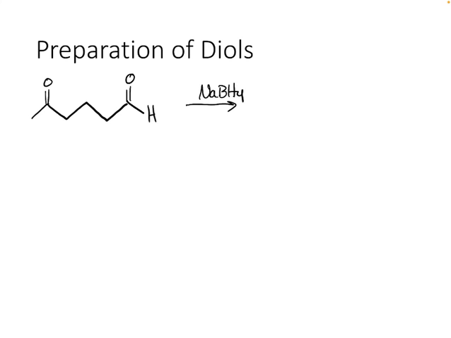And in this case, we're going to use excess sodium borohydride to make sure that both carbonyl carbons are reduced. And then we also use an alcohol to protonate the oxygens at the end. So what would the product look like? And feel free to pause the video and try to draw the product. And then when you unpause, we can draw the product together.